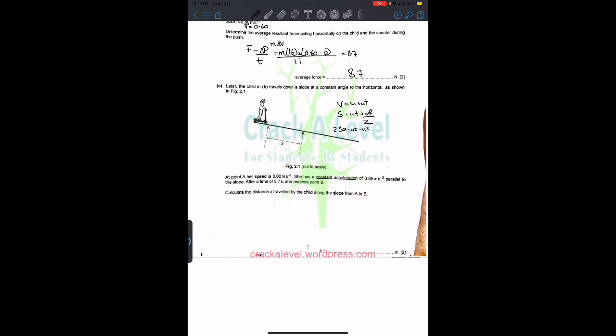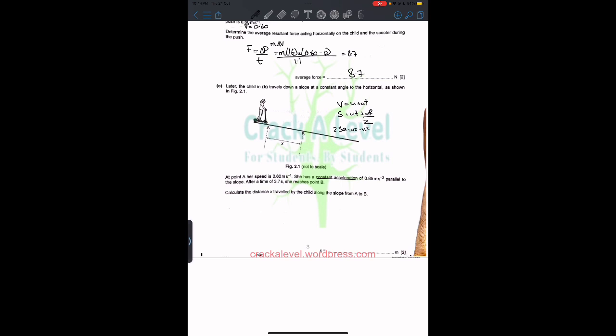Constant acceleration means that we can use the formulas of kinematics: v equals u plus at, s equals ut plus half at squared, and v squared equals u squared plus 2as. You can only use these formulas when our acceleration is either uniform or constant. That's the only requirement.